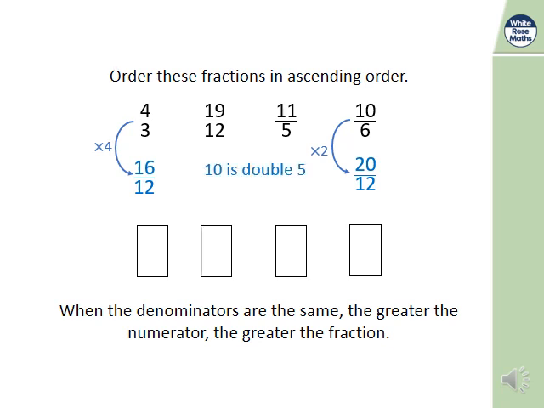And we looked at this rule before. We know that 10 is double 5, so we know 10/5ths is the same as 2 wholes, so 11/5ths is greater than 2 wholes. So that might help us to work it out. Now let's see and put them in order.